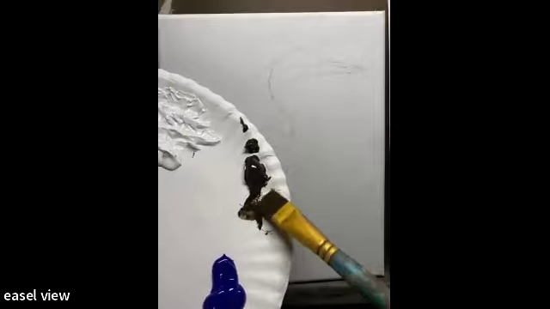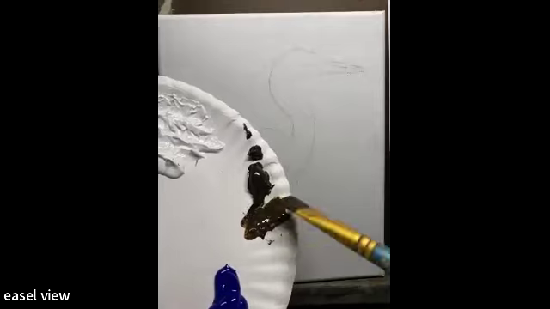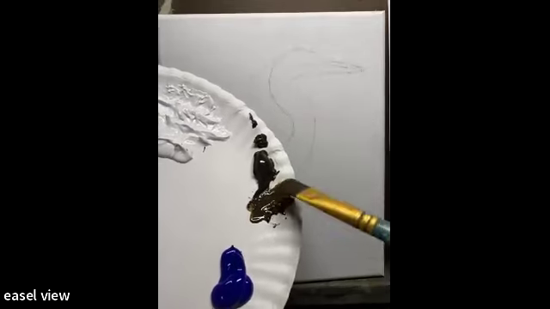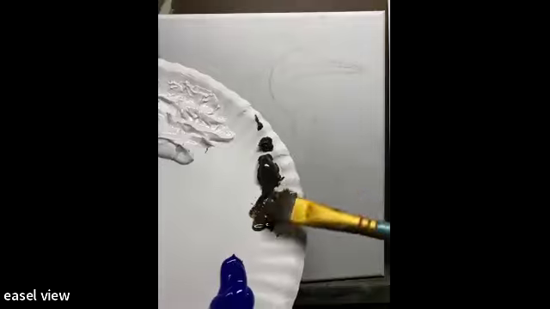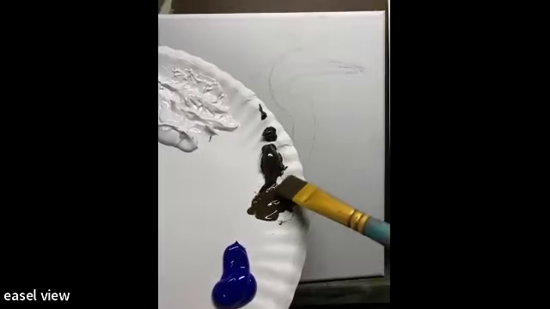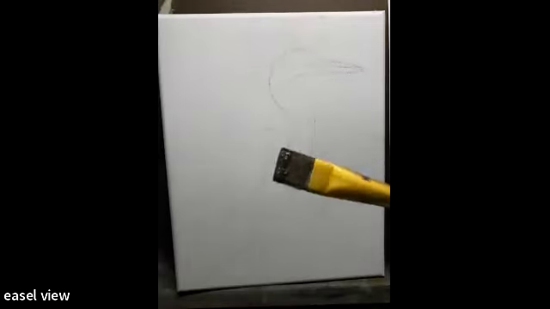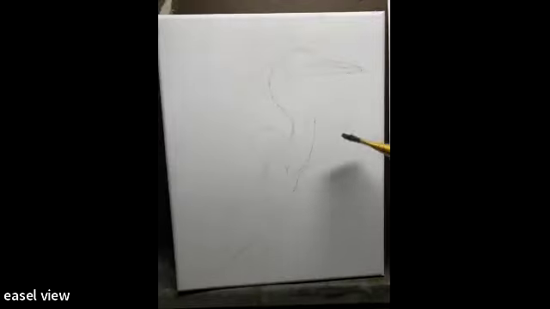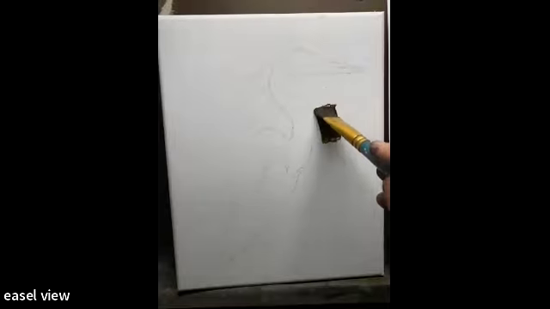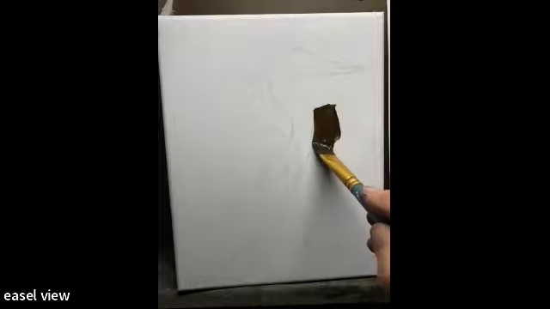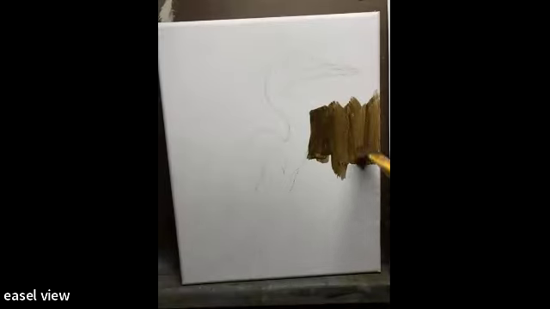You want to make sure that you're making a thin wash for the background. So I'm painting, it looks like melted chocolate. I'm using raw umber. I'm going to go right up to the bird, right behind the bird's neck. And I'm painting in some of the dark background.